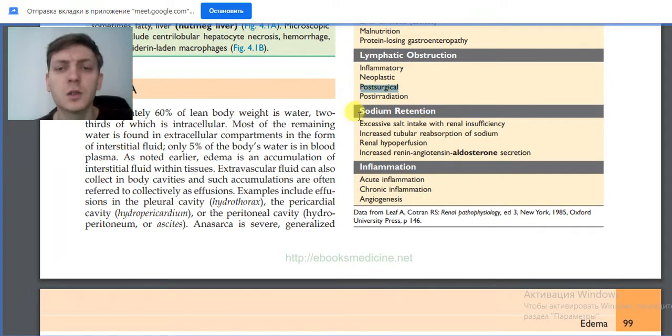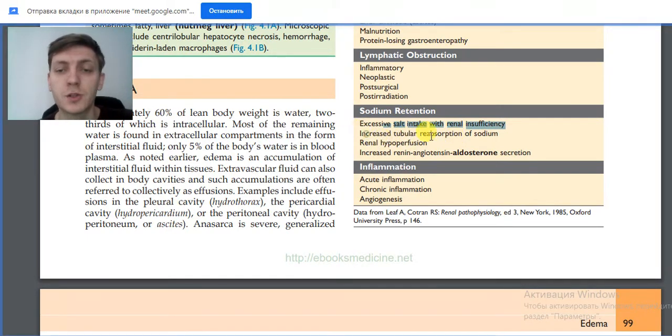Then sodium retention. So due to sodium retention, you remember it's caused by excessive salt intake with renal insufficiency. So we can't remove the sodium from the body, and it causes an increased osmotic pressure inside our blood, and also keeping of more water inside the blood.